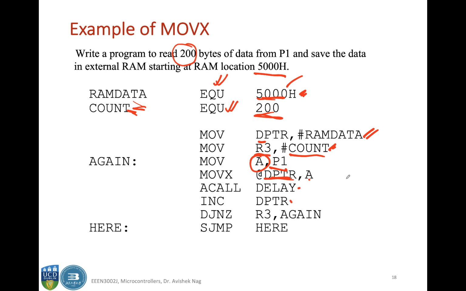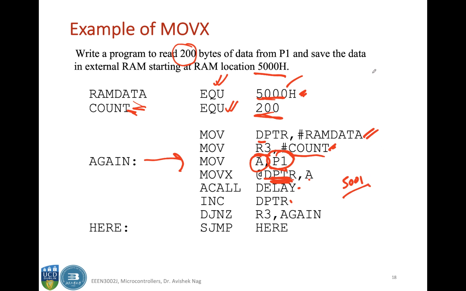So now the DPTR will be incremented to 5001, and you are checking whether your R3 is 0. If not, then it's doing the same operation again. It's taking the next byte from port 1, moving it to A, and sending it to the current location pointed by the DPTR, which will be 5001 now.